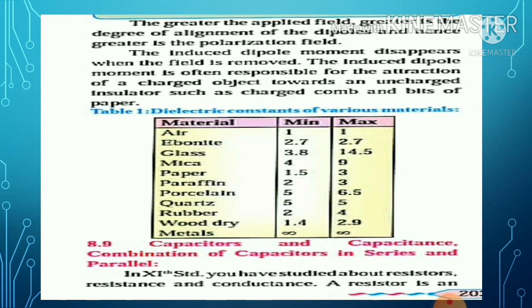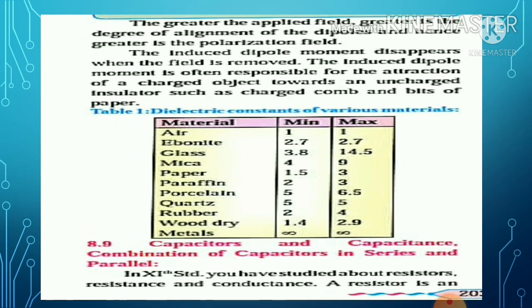Following is the table of dielectric constants of various dielectric materials. In the following table, some dielectric materials are given with their values of dielectric constant in two columns, that is minimum value as well as maximum value.